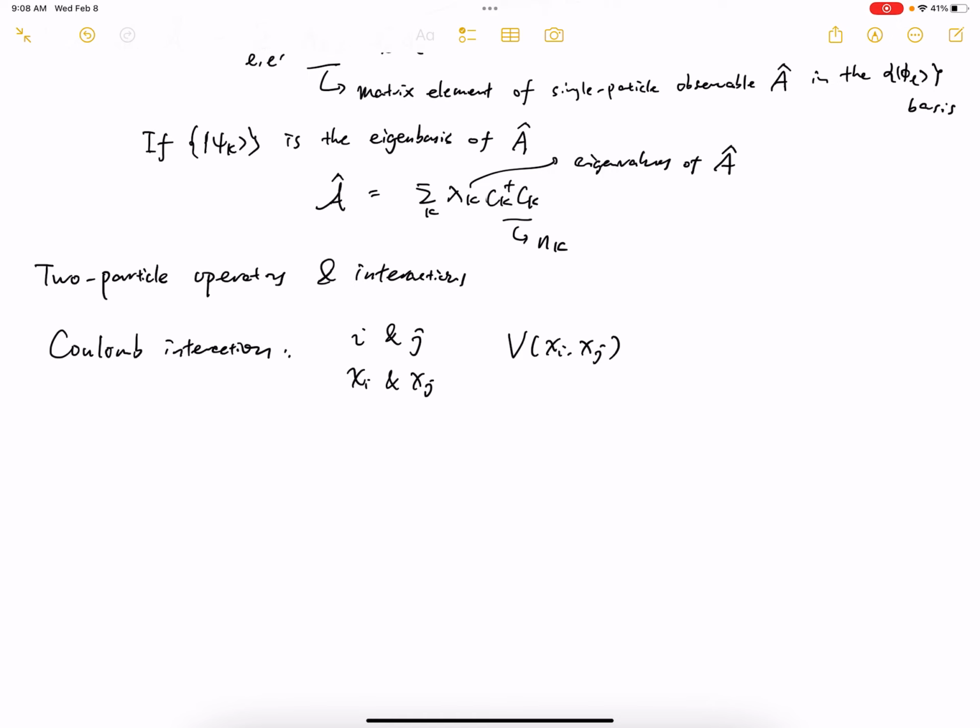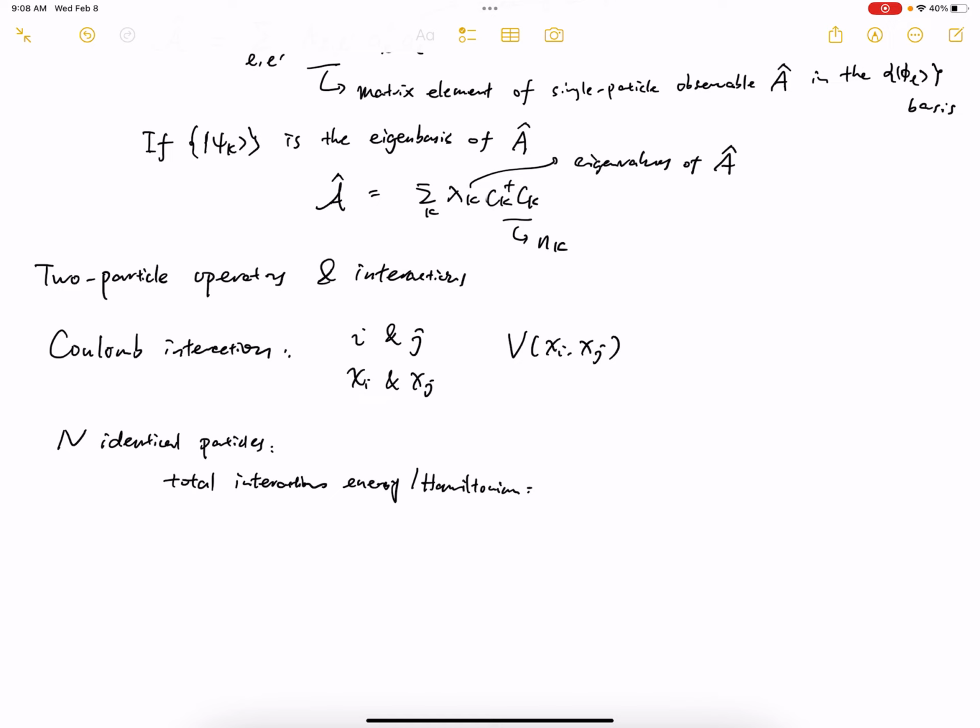Then the question is, suppose we have N identical particles, what is the total Coulomb interaction energy, or the interaction Hamiltonian, because energy and Hamiltonian are basically synonymous.